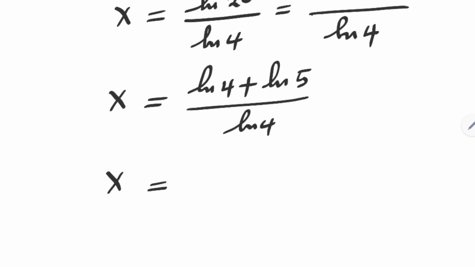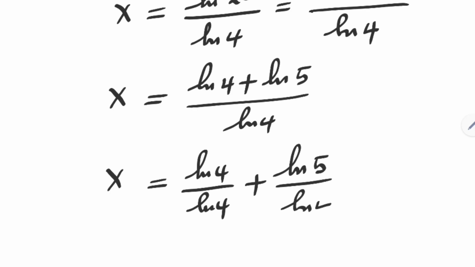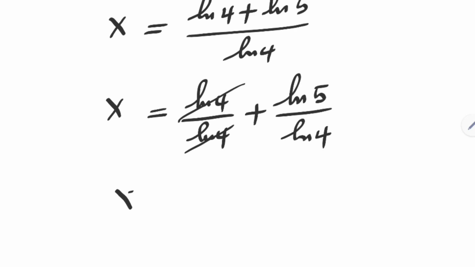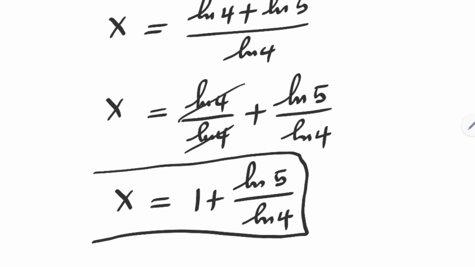S is equal to ln of 4 divided by ln of 4 plus ln of 5 divided by ln of 4. This ln of 4 cancels this ln of 4. S is equal to 1 plus ln of 5 divided by ln of 4. This is the value of s in terms of natural logarithm.